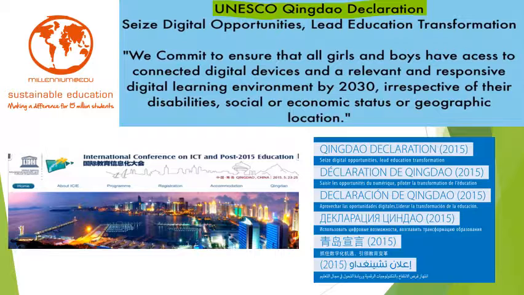And this declaration aims to seize digital opportunities to lead education transformation. One of the important aspects of this declaration is that all girls and boys have access to connected digital devices until 2030. And why is this so important?